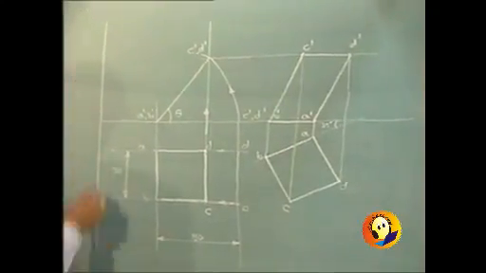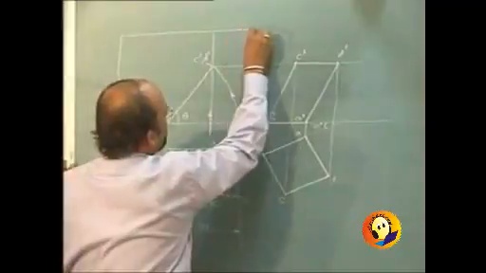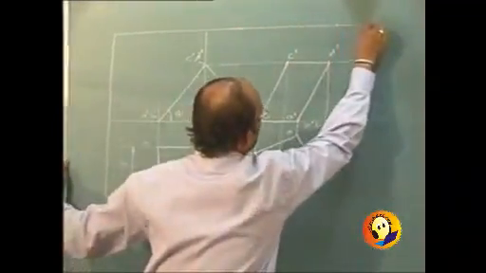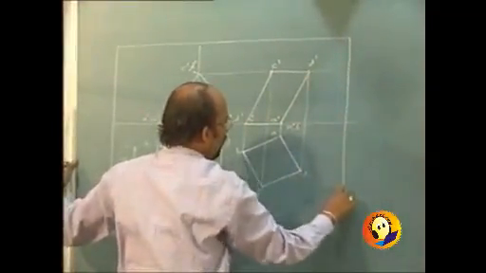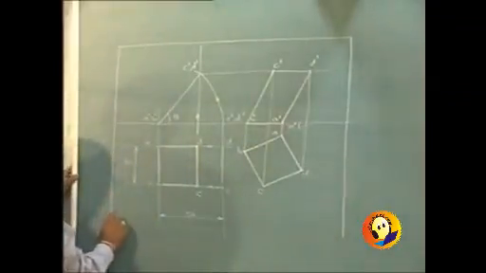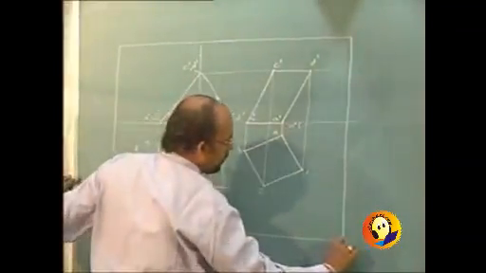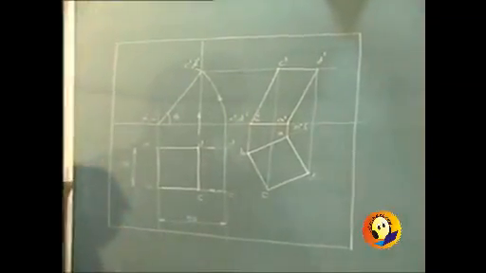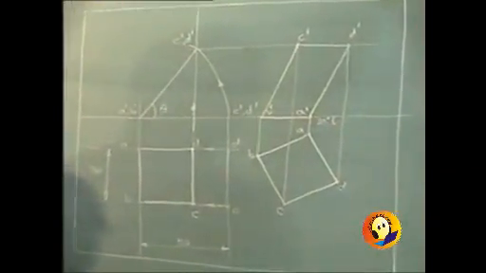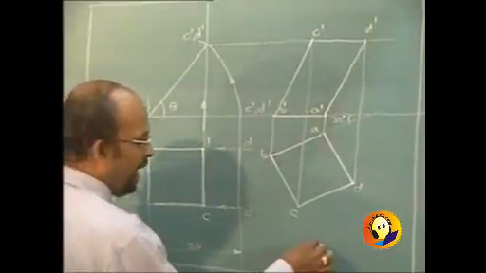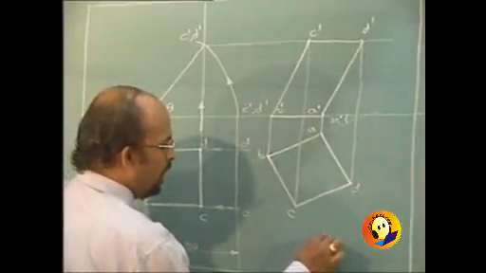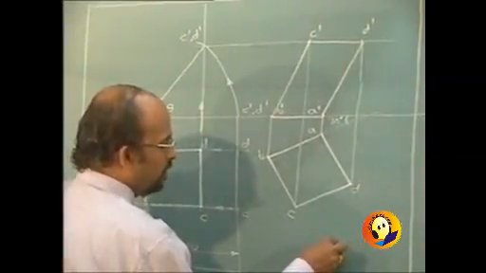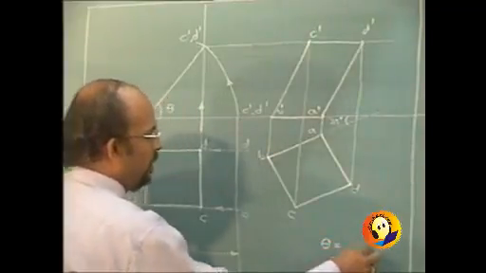for this problem. The only change in the previous problems and this problem is that we are not given theta directly, and so it was plan that was constructed first, from which we got the elevation. If required, angle made by the plane with HP theta can be explicitly written. You measure it and write it.